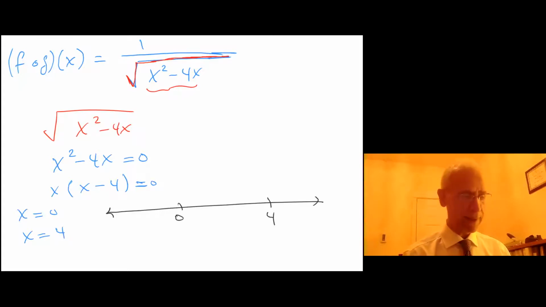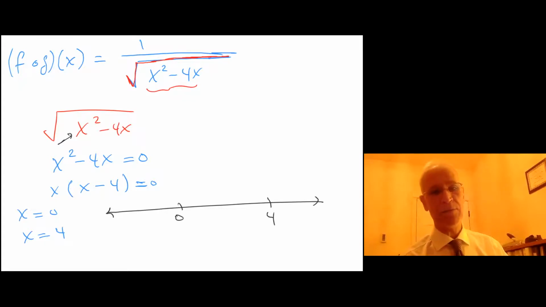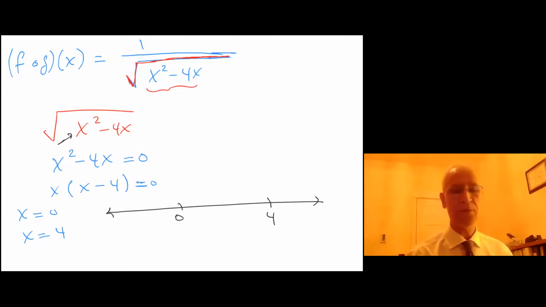To the left of 0, let's say negative 1. If I plug in negative 1 in here, I have negative 1 squared is positive 1. And then I have minus 4 times negative 1 is positive 4. 4 plus 1 is going to give me 5, and square root of 5 is greater than 0.